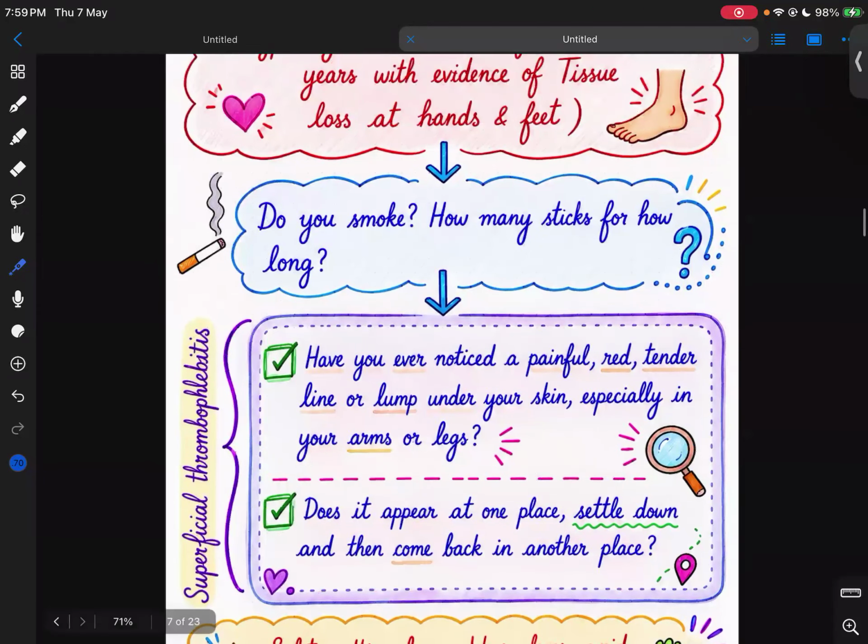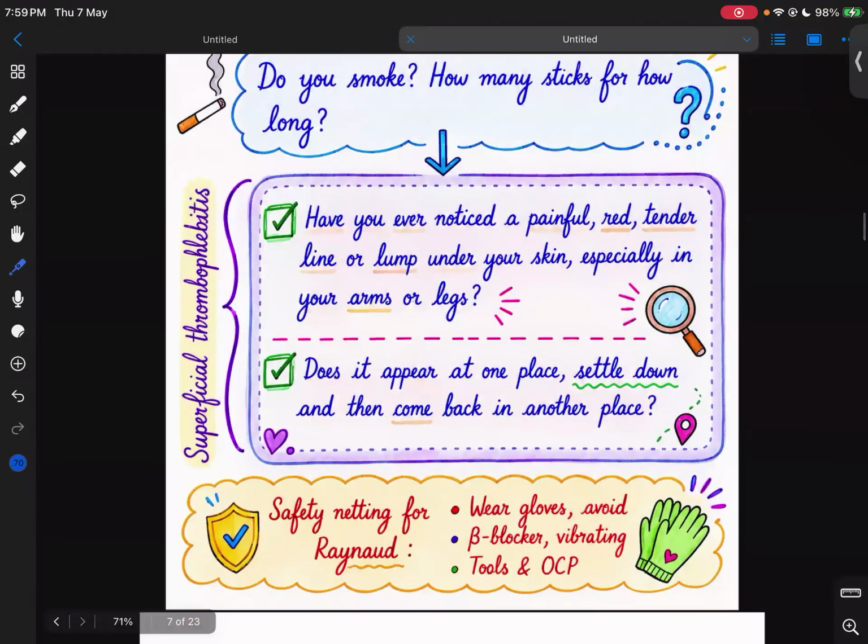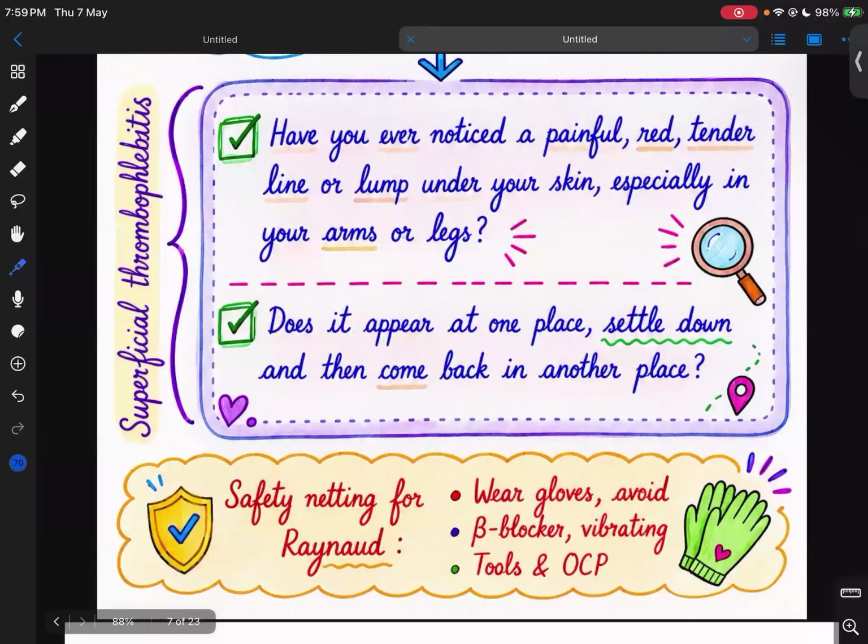And never forget the safety netting of any Raynaud's phenomenon. That is, always tell her to wear gloves whenever she is going outside in cold weather. And look at the drug history very carefully, whether she is taking any beta blocker.